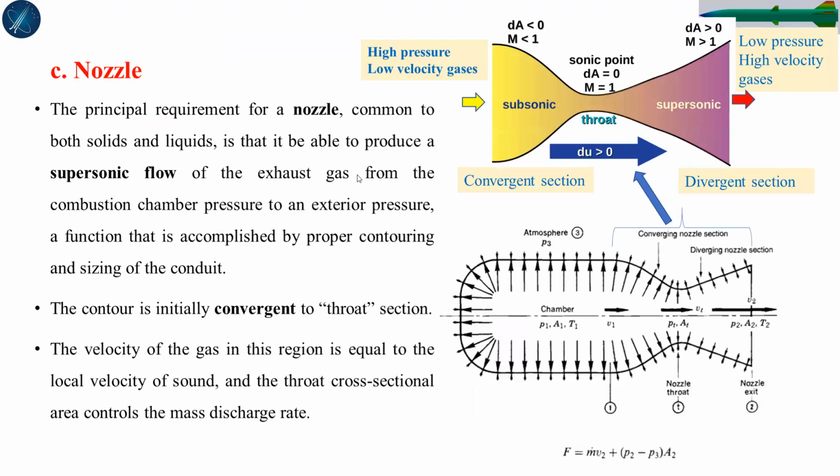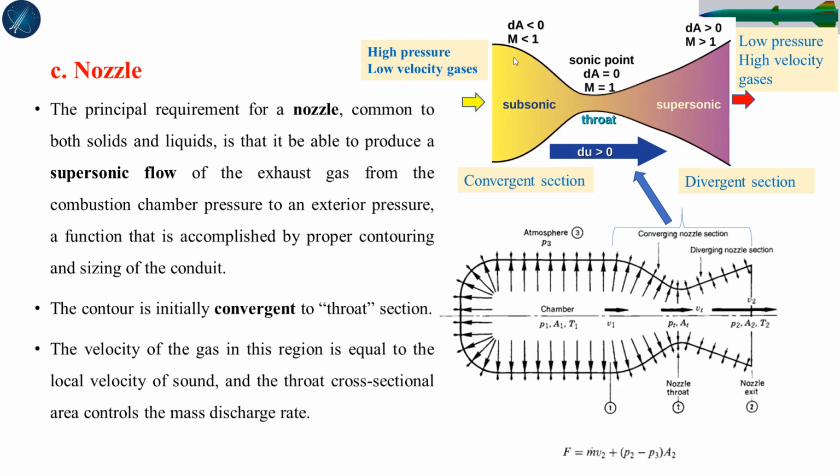So now the third component is the nozzle. The nozzle is one of the important parts of the rocket, and it contains a subsonic region, that is a continuously converging region. It contains the throat, and it contains the supersonic region, or divergent region. In the subsonic region, the change in area is less than zero, just the differential area condition.